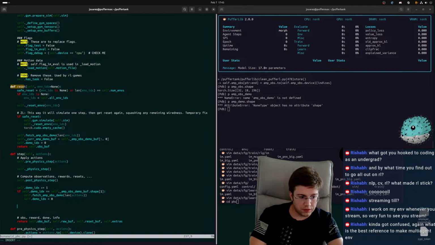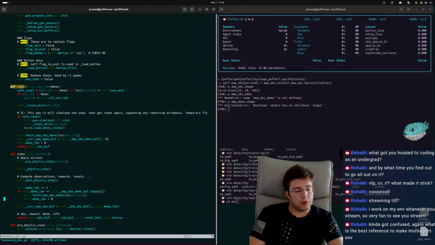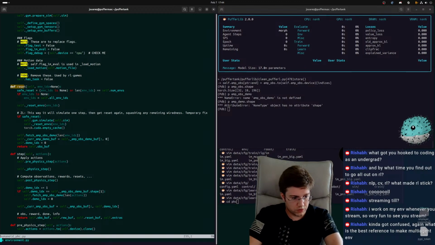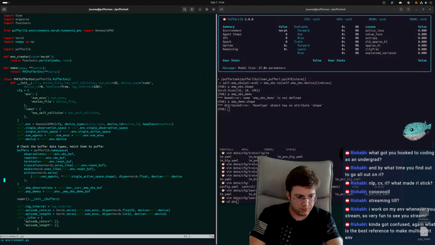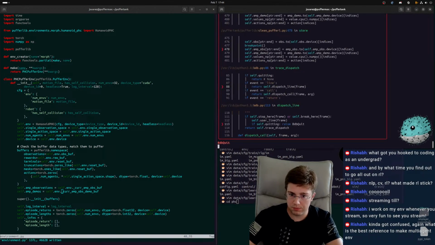Okay, you do this, and then we do self.per_amp, well, we think about something like this. And now in here, AMP demos, per AMP obs demo buff.